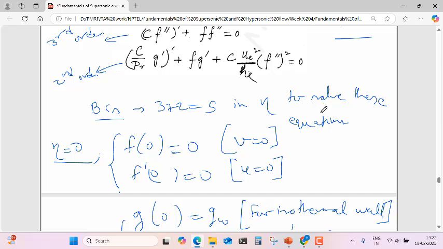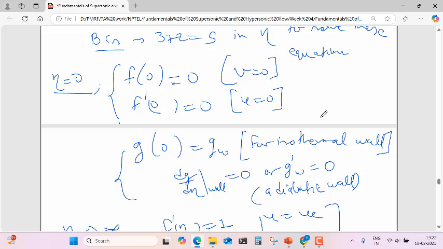For solving this, we can use the shooting method with, let's say, the Runge-Kutta method also.